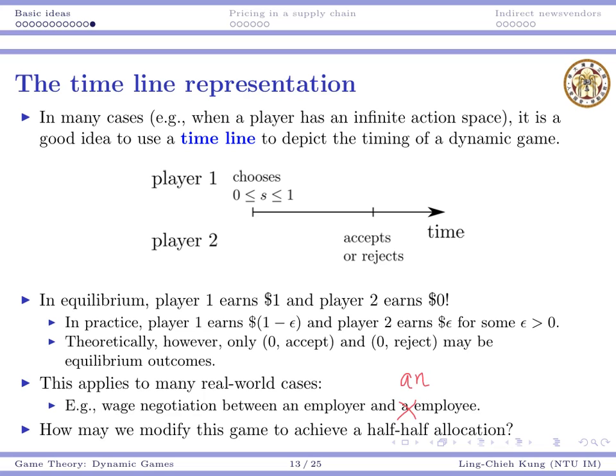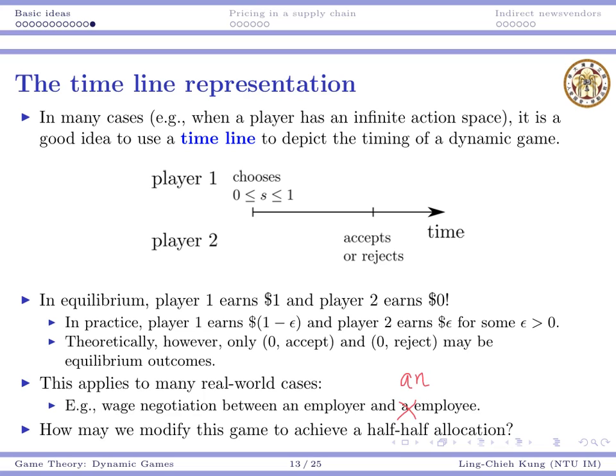If some other guy is paying, say, $1,000 per hour to hire an employee, then what will you do? You want to make your offer as bad as possible, but it cannot be worse than $1,000, right? All you need to do is to make sure that player 2, the employee, will accept your offer. So you will keep trying to make the offer worse and worse until you cannot do that anymore.